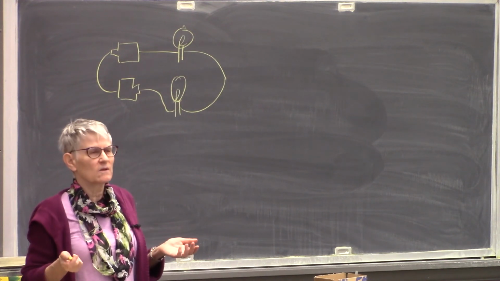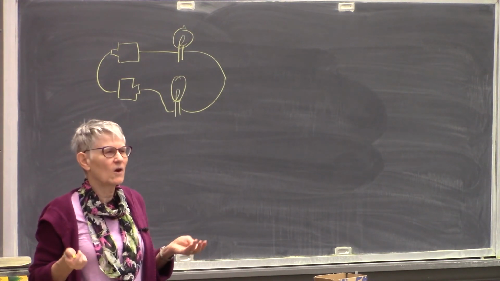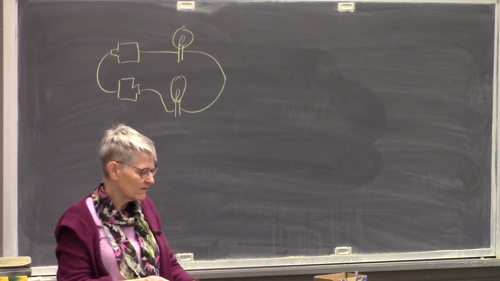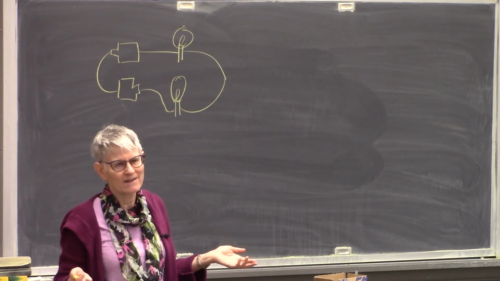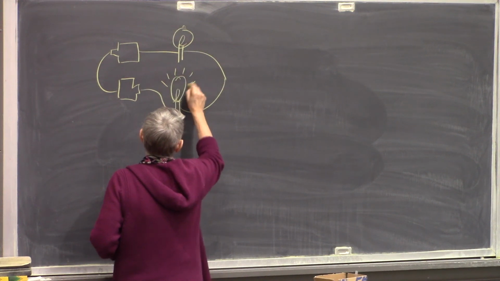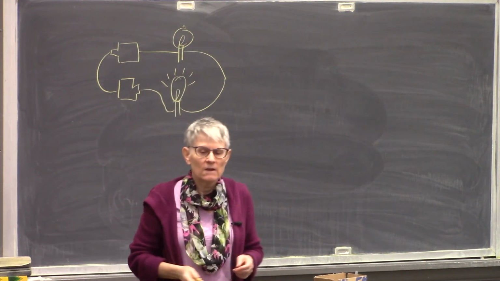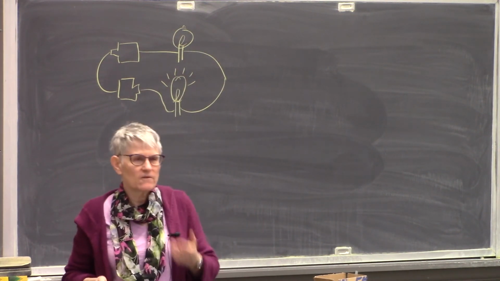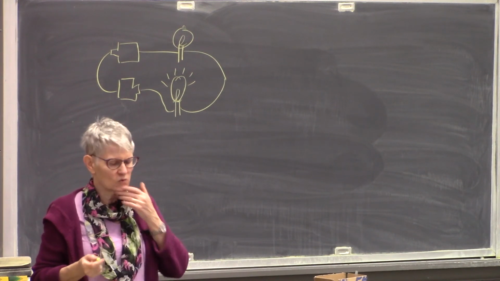And so our goal is to explain why in this circuit the round bulb doesn't light, even though the long bulb lights up. So we can start by doing our usual thing.